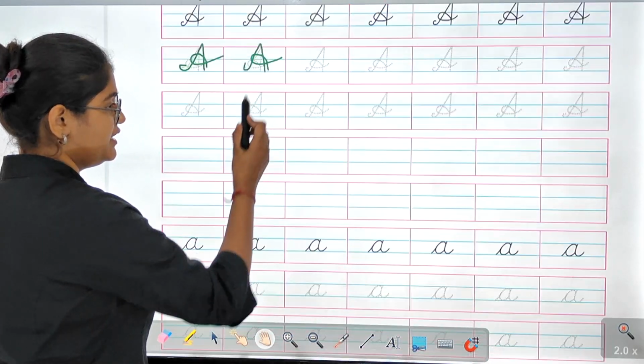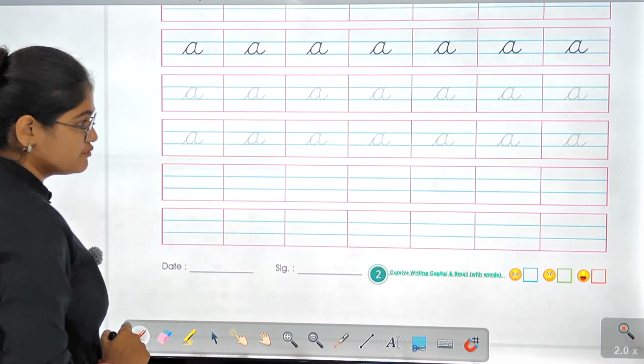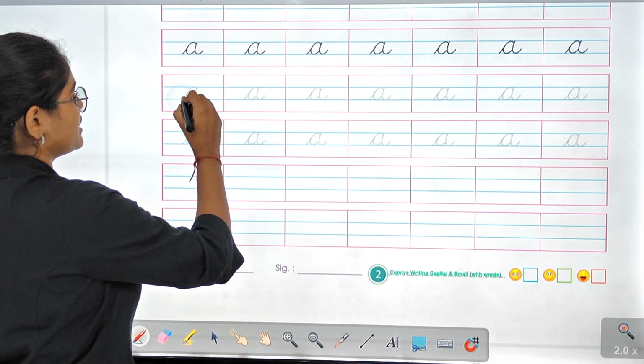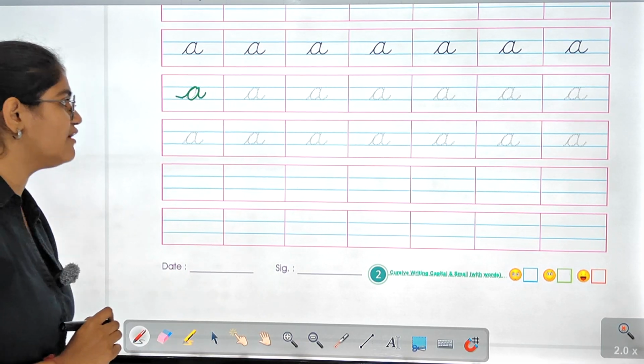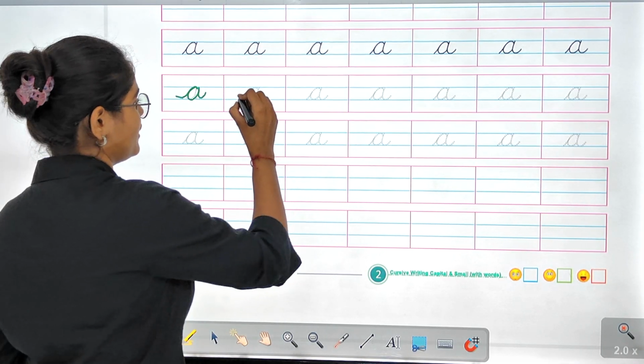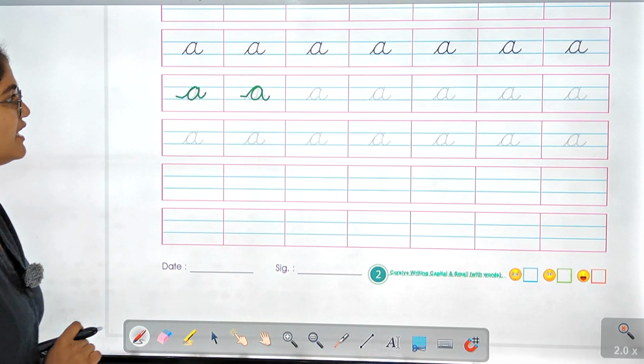Now let's move ahead. After that, we have small a, for which we are going to make a slanting line, then a curve, and then a half curve. So this is a for apple in the small cursive letters, right?